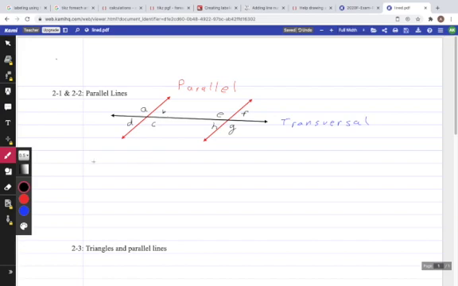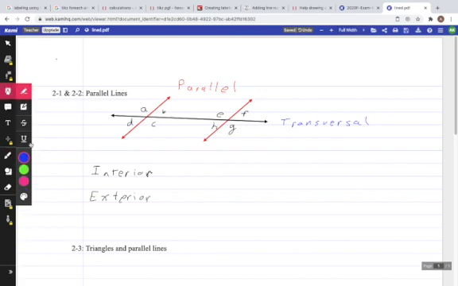And really, we need to figure out how these play together. So we have interior, which just means that we are between the 2 parallel lines. We have exterior, which means that we are on the outside of those parallel lines.